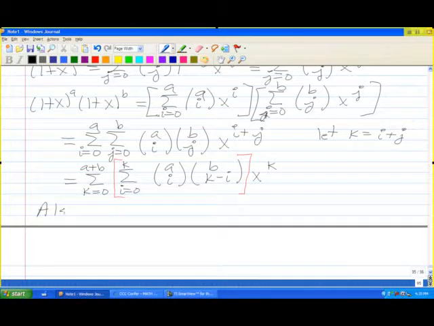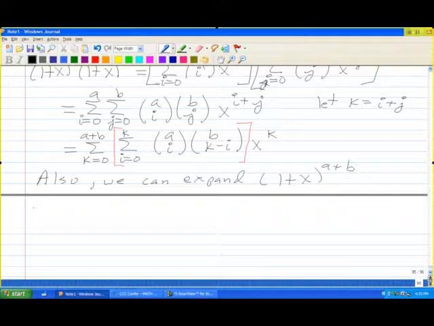We also can expand (1 plus x) to the a plus b. Okay, so we'll do that.